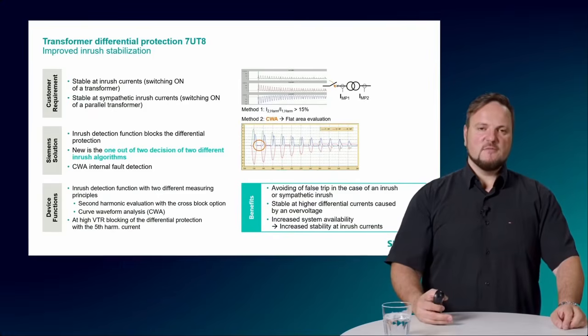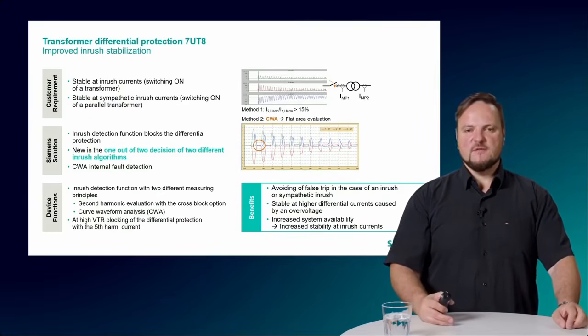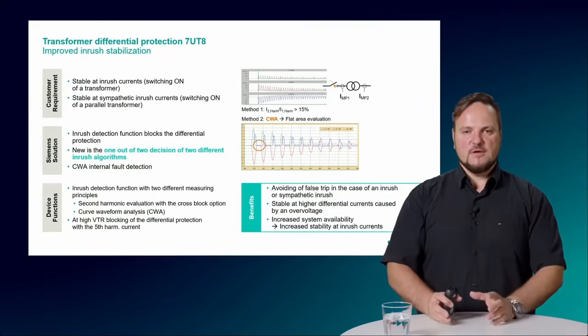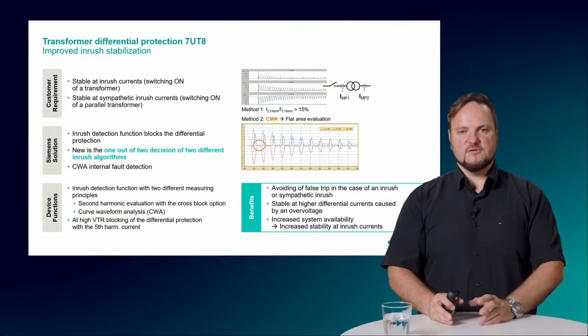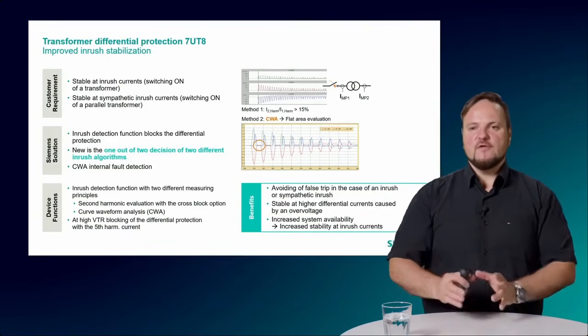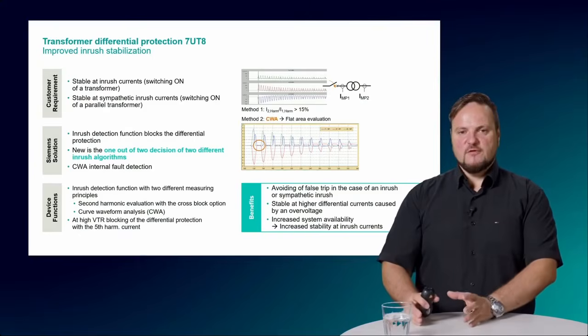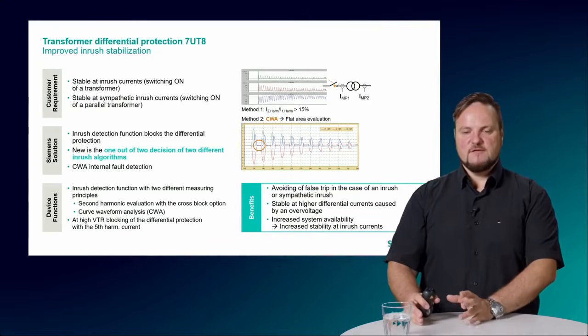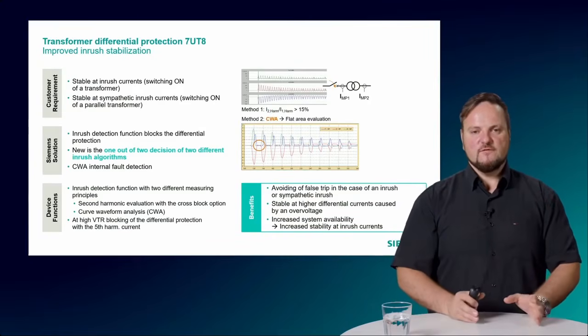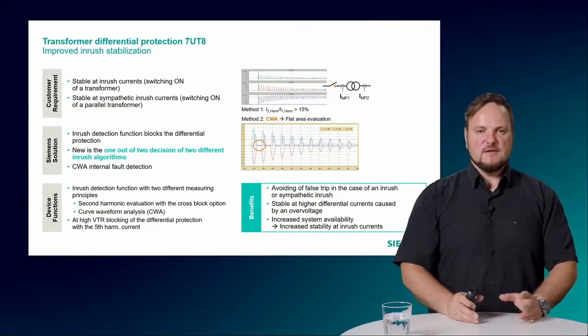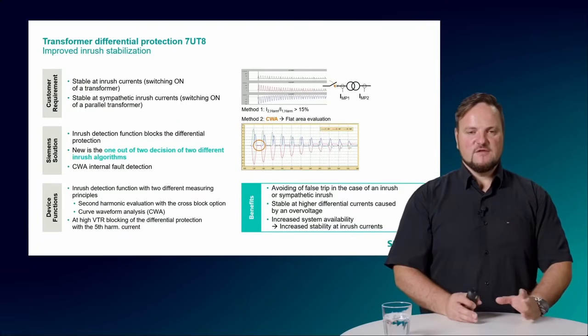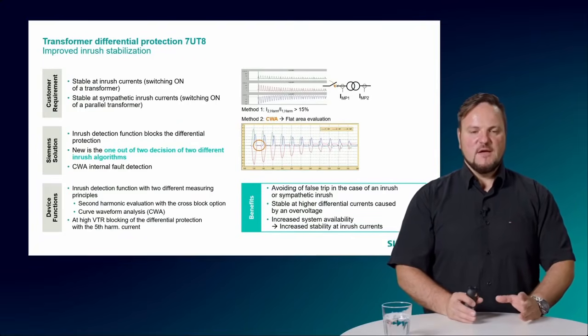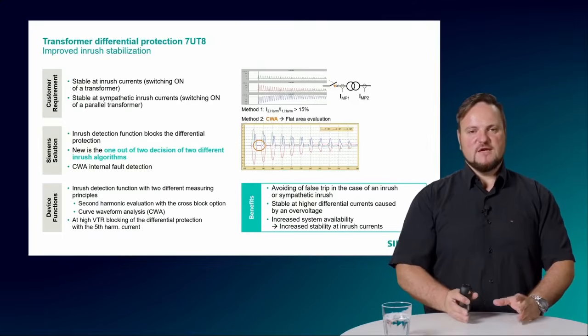I saw some cases where the customer was setting the second harmonic content threshold to 10%, and the crossblock to infinity. That means when the transformer has an internal fault with CT saturation, the device will see this second harmonic content and will block the differential protection in case of an internal fault.